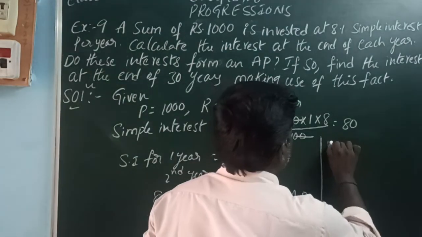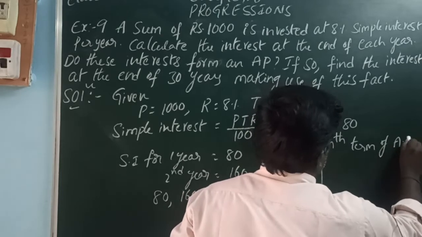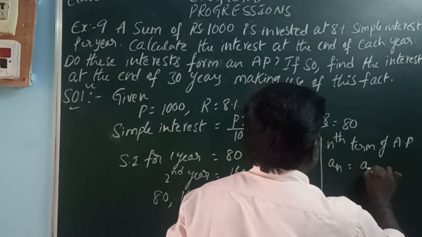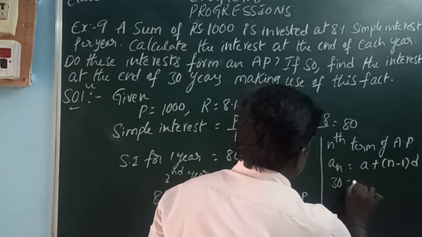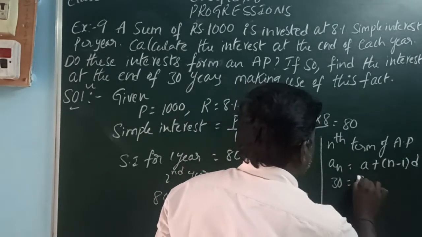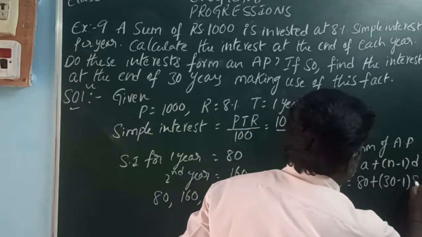So what is the nth term of an AP? an is equal to a plus (n minus 1) into d. an means the nth term, n is 30, a is 80, plus 30 minus 1, d is 80.